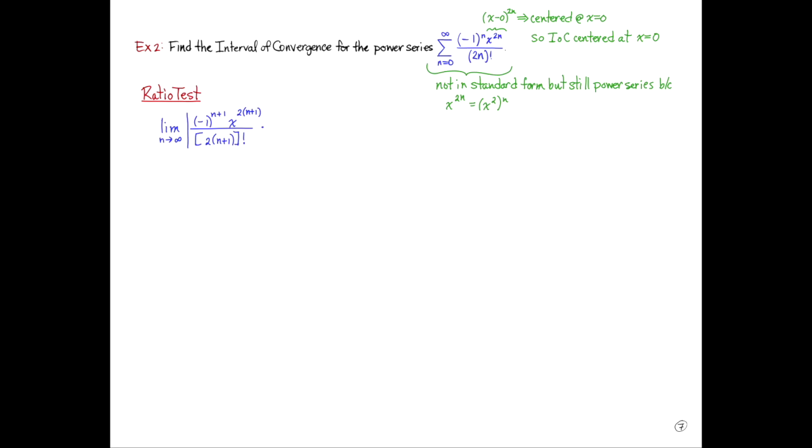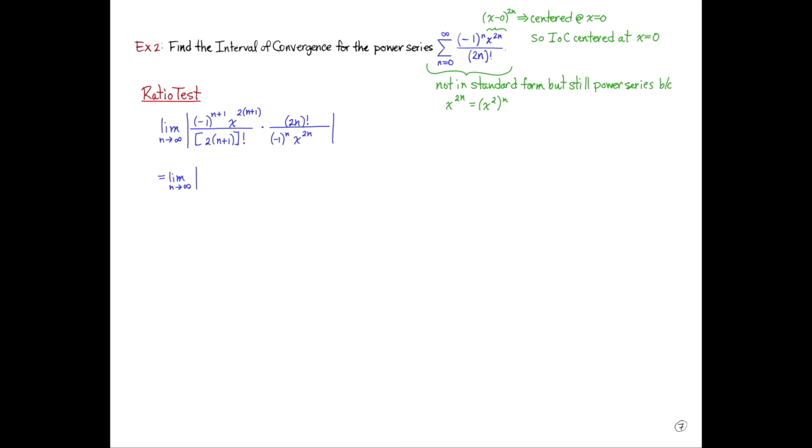This is times the reciprocal of a sub n, which is (2n) factorial over (-1)^n times x^(2n). This is equal to the limit as n approaches infinity of the absolute value.